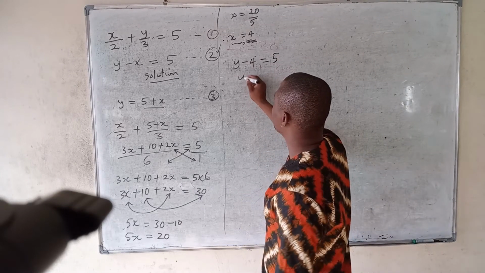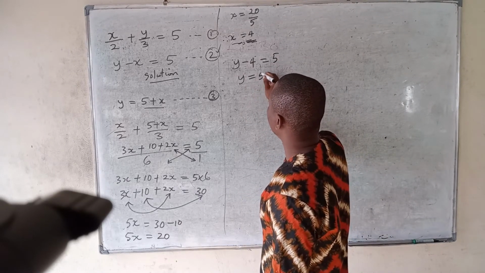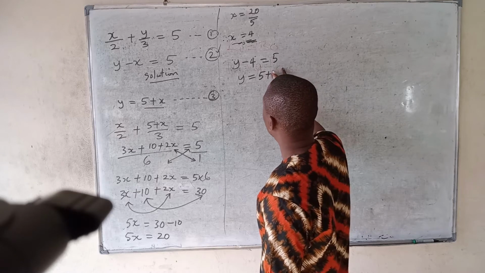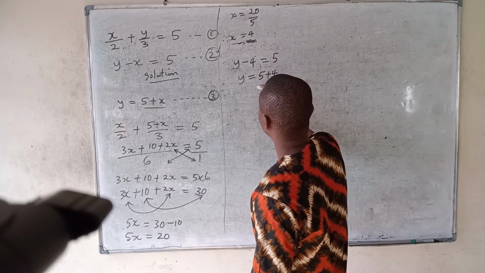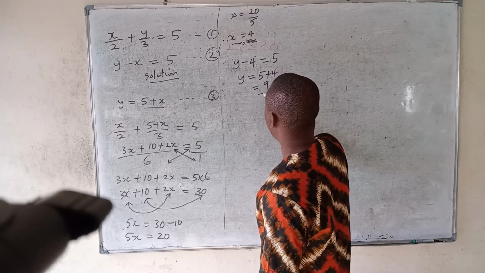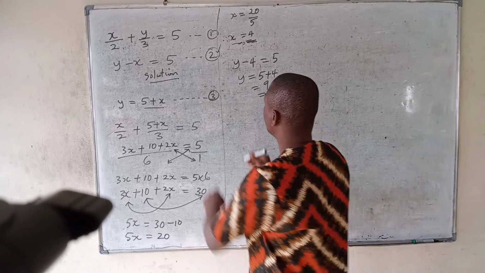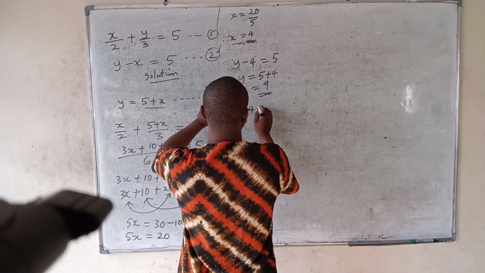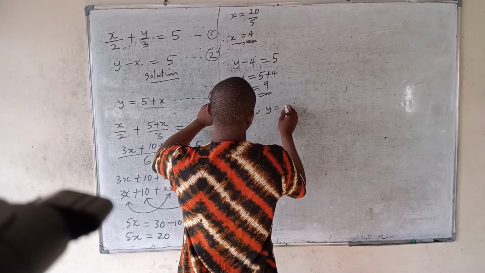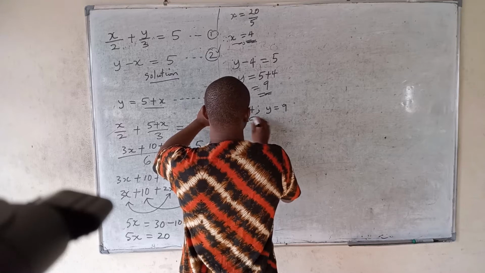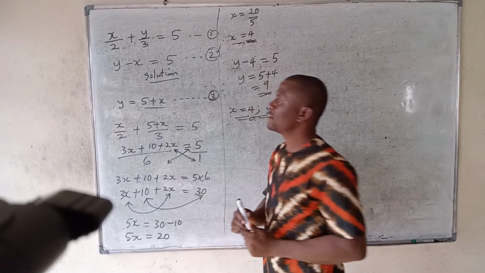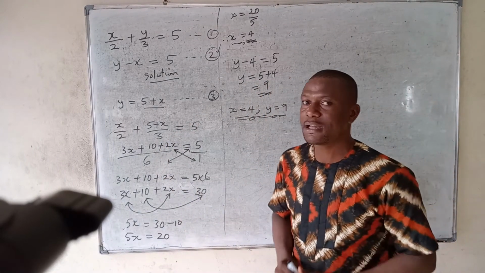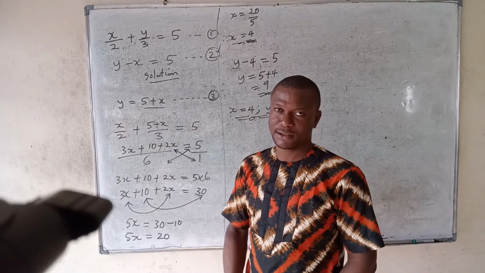So from this, it means that y is the same as 5 plus 4, which is 9. So our y is 9. So from what we have solved, x is the same as 4 and y is the same as 9. So this is the solution we arrived at using the substitution method.